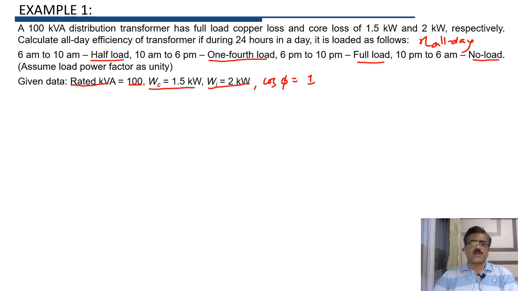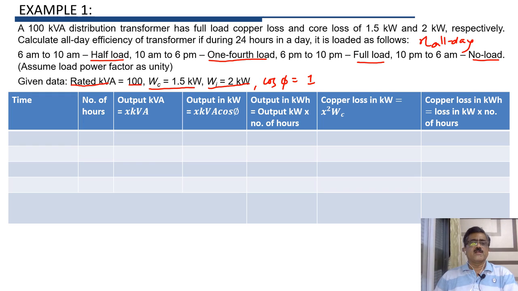So let us prepare one table for that. The first column is the time slot. The first time slot is 6 am to 10 am, so these are 4 hours. The second column is the number of hours. In the first case, the number of hours is 4.